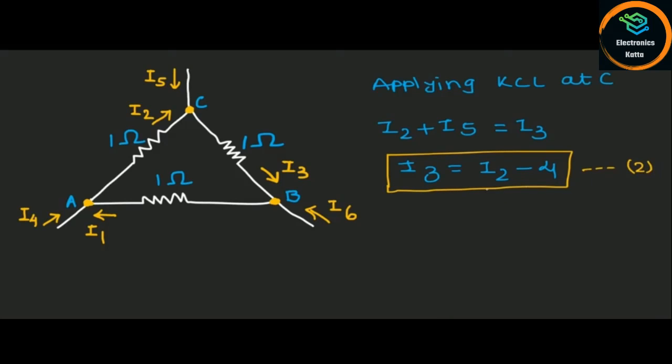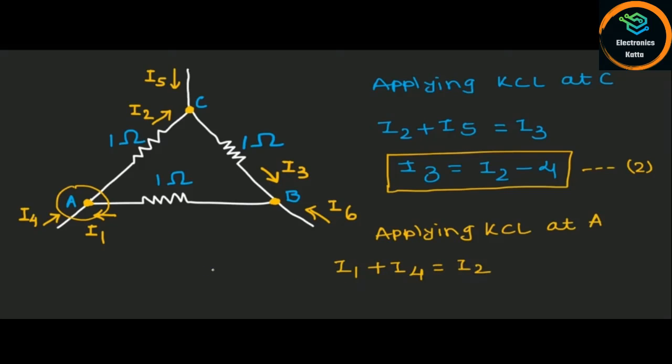Now here also we still don't know the current I2. So to find this current I2, we need to apply KCL at node A. So applying KCL at node A, we will have I1 plus I4 is equal to I2.